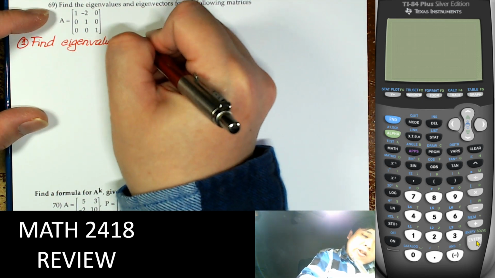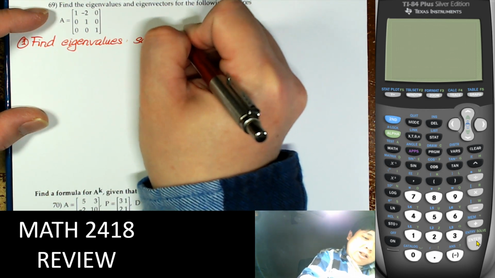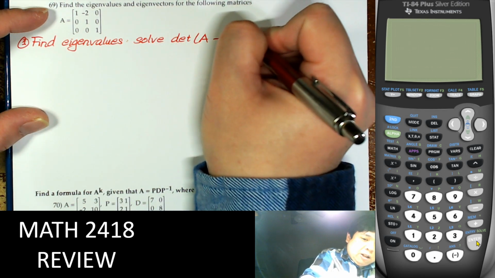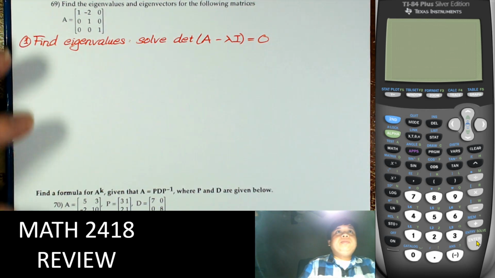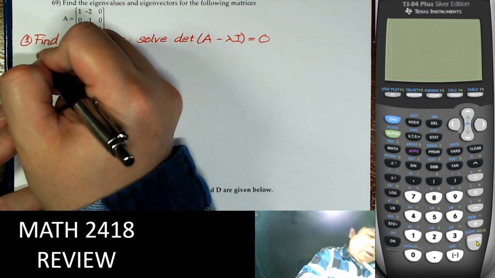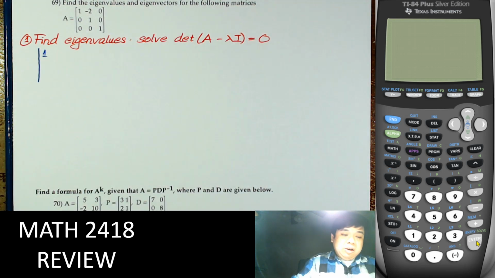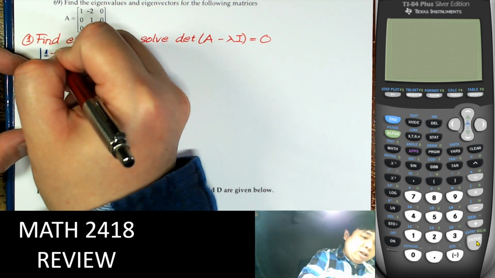Meaning we solve the equation determinant of A minus lambda I equal to 0. Right, so determinant. This should be easy because that is an upper triangular matrix.